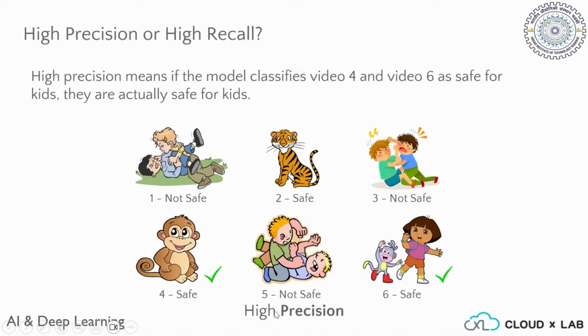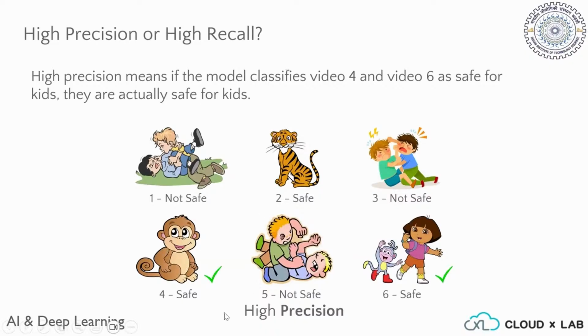In case of high precision, maybe our model is not able to capture all safe videos, but if the model is saying a video is safe, then there are very high chances that the video is actually safe.